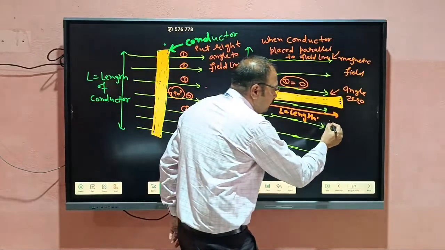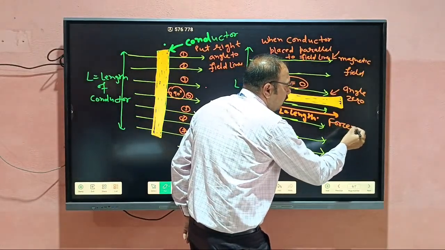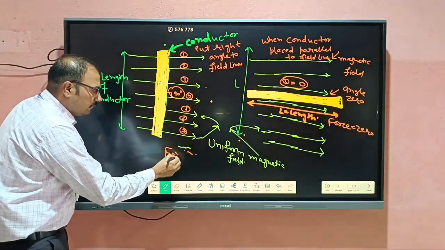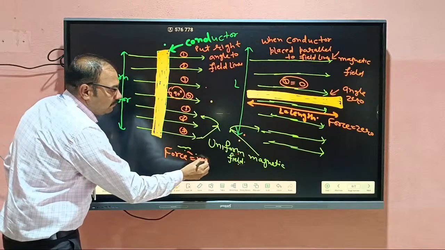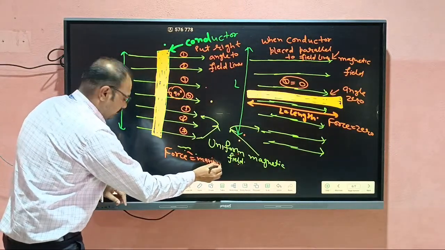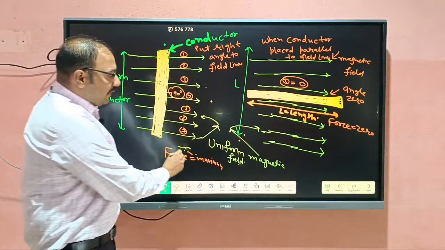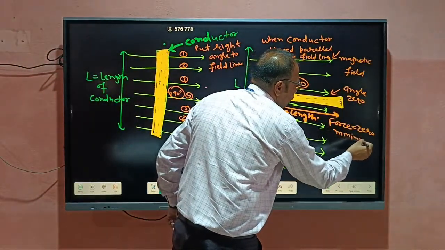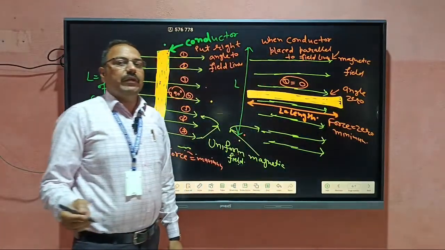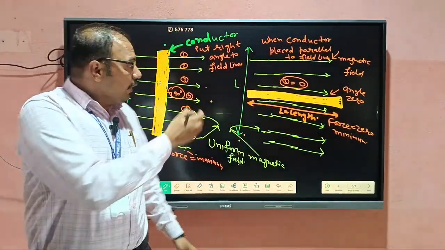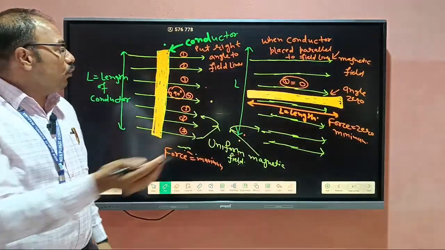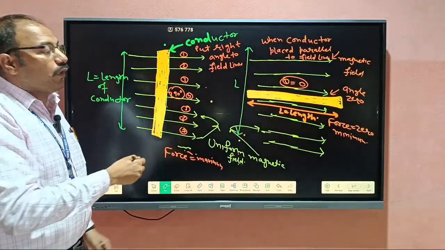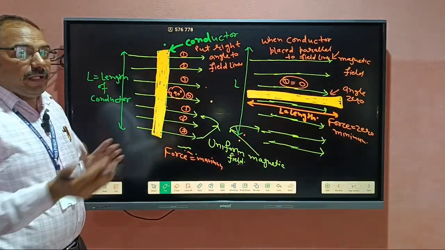So here force is 0, and here force is maximum. 0 means minimum. So basically we can say that the force on a conductor depends upon the angle between the conductor and the magnetic field. So this depends upon how we place the conductor in a magnetic field.